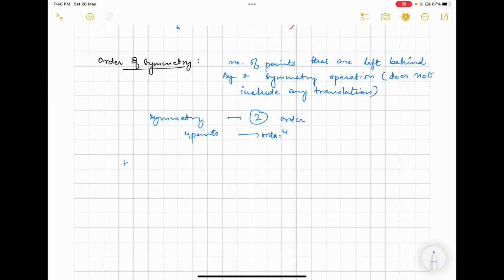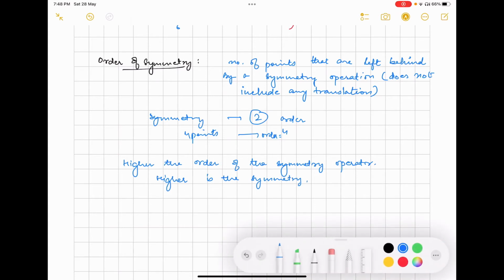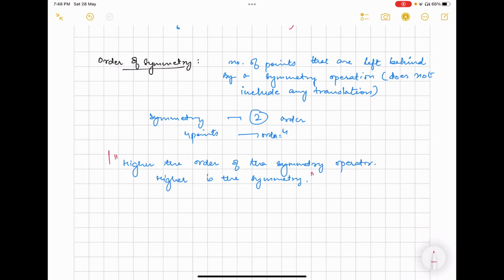So higher the order of the symmetry operator, higher will be the symmetry. The symmetry operator whose order is higher is considered to be a higher symmetry. This is a general rule.